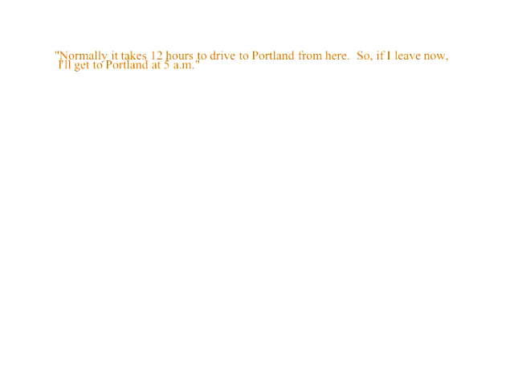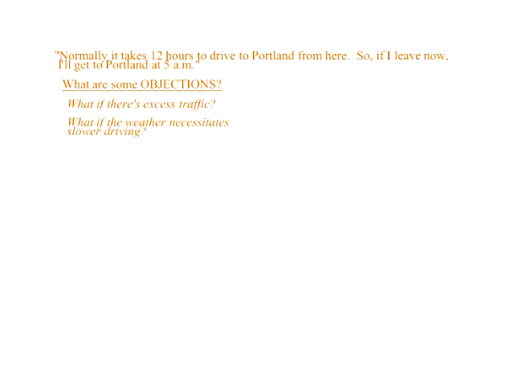But what are some objections that you can make to this? Quite plausible objections. Yeah, like what if there's traffic? What if there's a traffic jam? Okay, what else? Like, what if the weather necessitates slower driving?